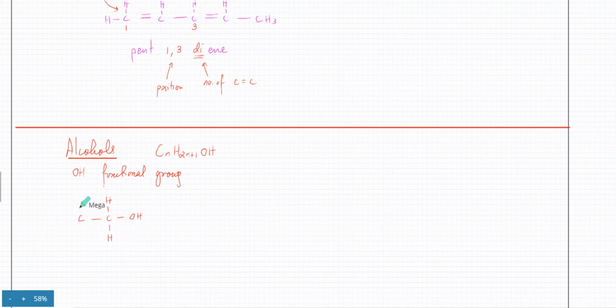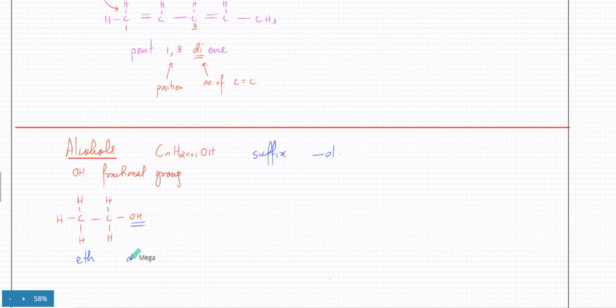Now you've studied alkanes. You've studied alkenes. Things would get slightly more complicated. So you have OH. This is clearly eth because it has two carbon atoms. That's your prefix. The suffix for an alcohol is ol, but it's not just going to be ol.